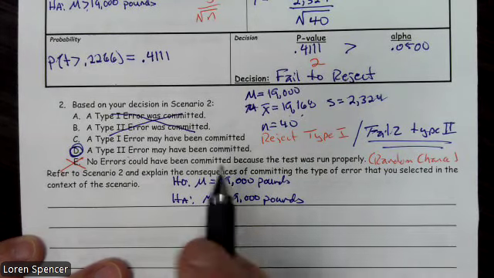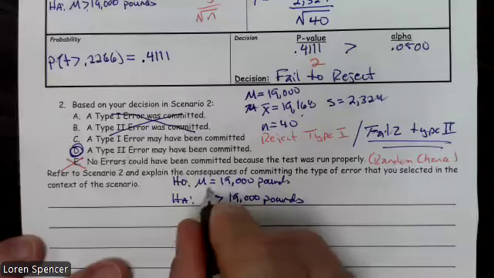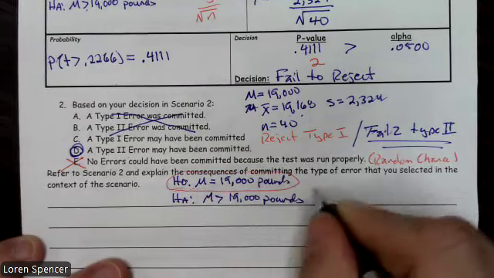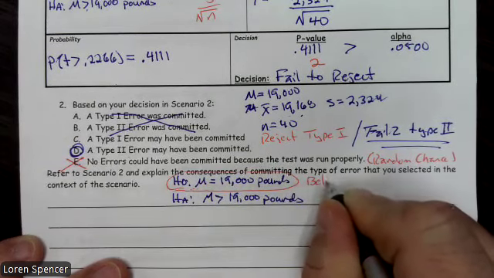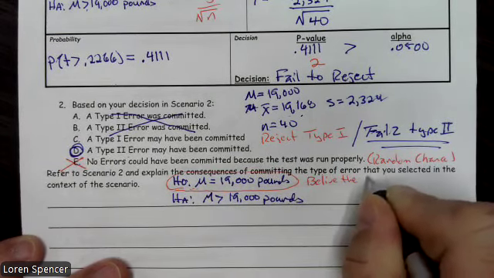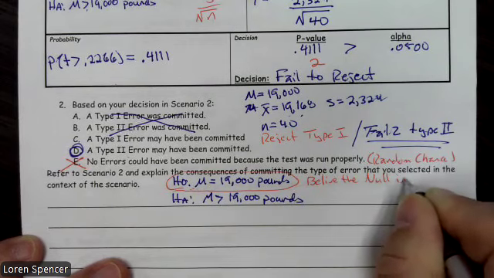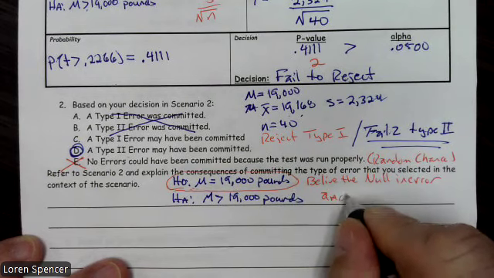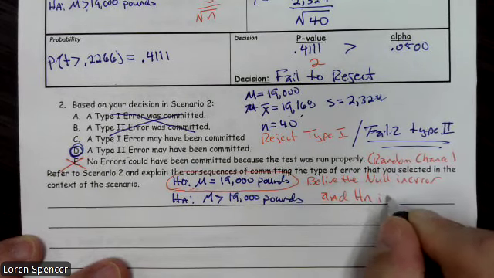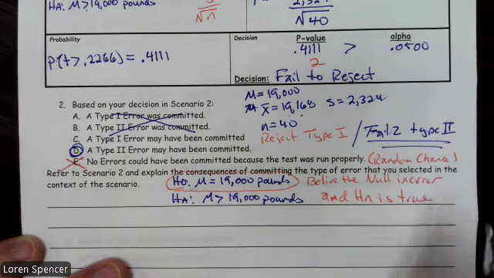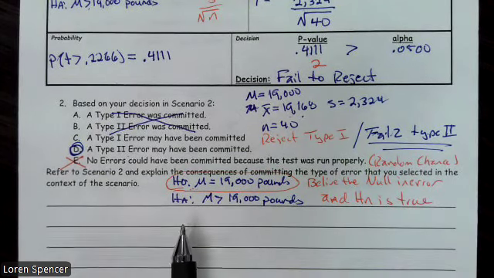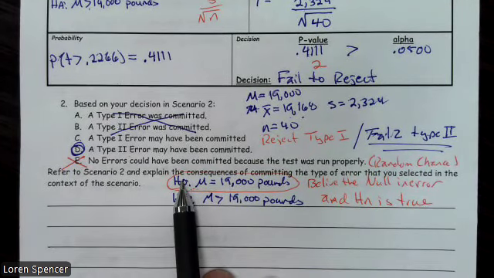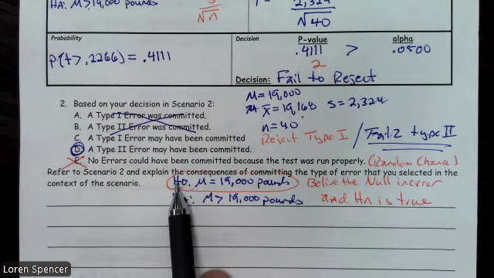So if I commit a type 2, I fail to reject this, which means I believe the null in error, and HA is true. Another way to say it is, I believe the H0 and it was a lie. So you believe the lying H0.